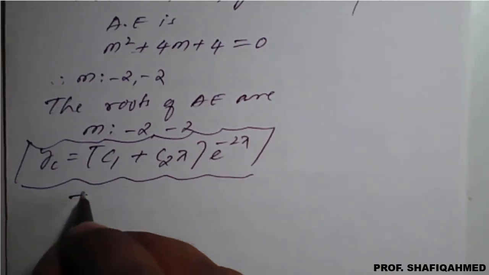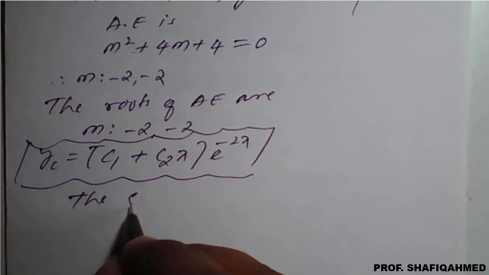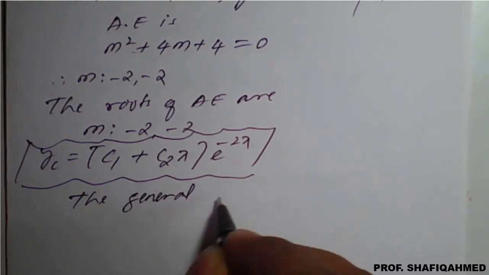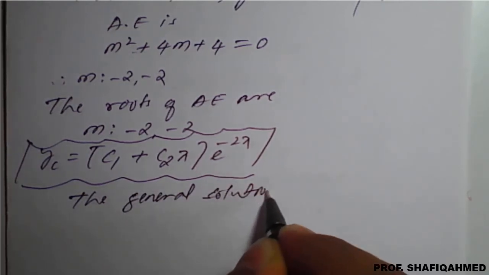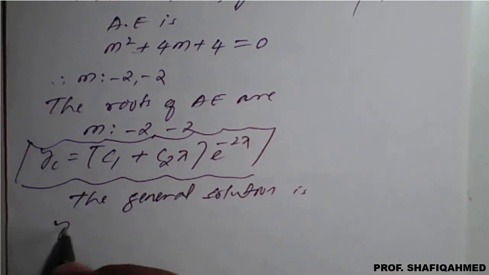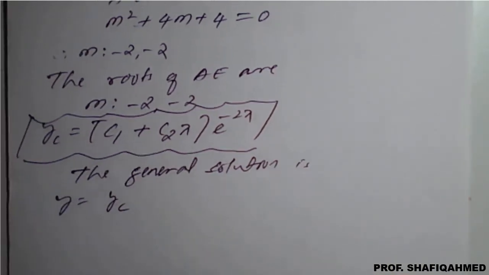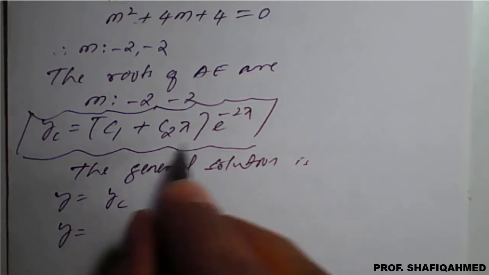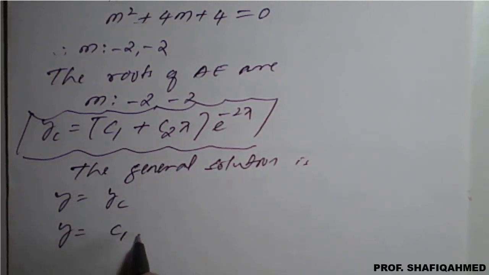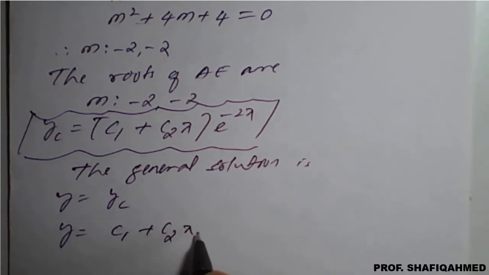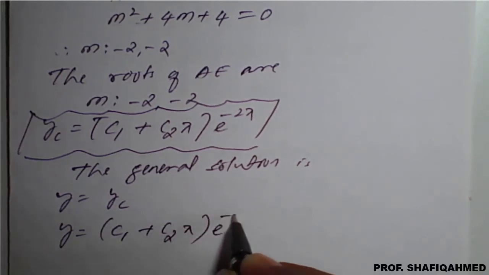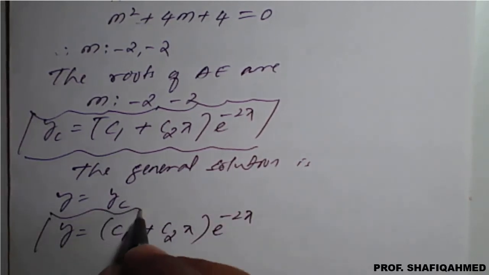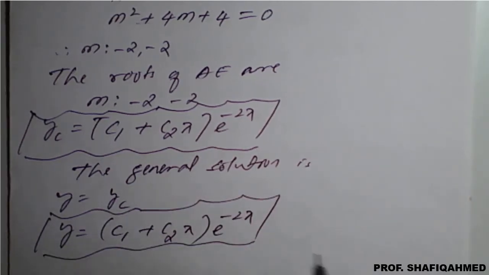The general solution is y = yc, which is nothing but the complementary function, (c1 + c2x)e^(-2x). So this is the general solution.